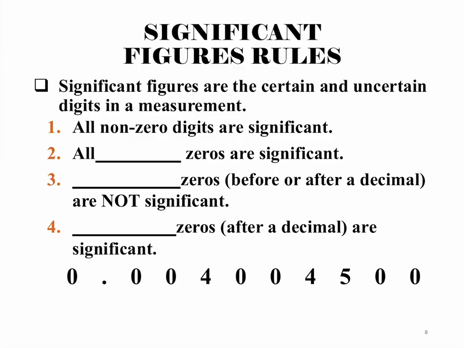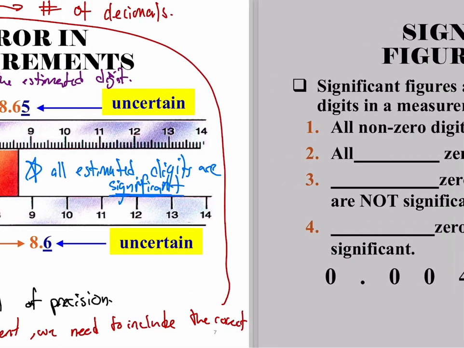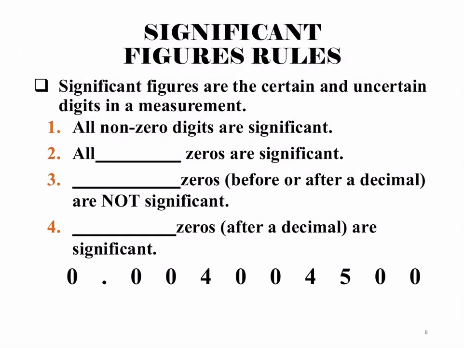So the estimated digit here is the uncertain number, right? That's the one number that we're not certain to. That's the number that has potential error in it. And so all non-zero digits are going to be significant. So if I put purple here, that means that this digit, and this digit are all going to be significant digits.